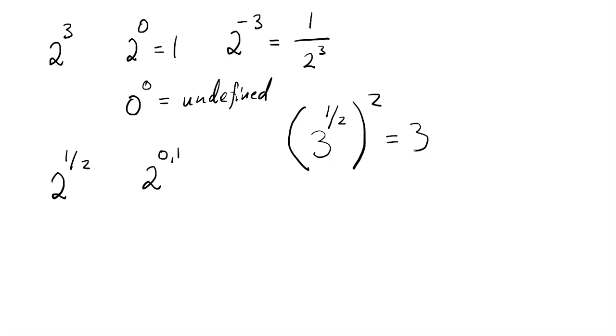We know this rule that if you raise to the power of m and then n, you can multiply these two. So there's a rule that says that this is a half times 2. That's one of the rules we had before. We didn't say that it worked for exponents that are not integers, but if we now want to extend it, we want the rule also to hold for non-integers.